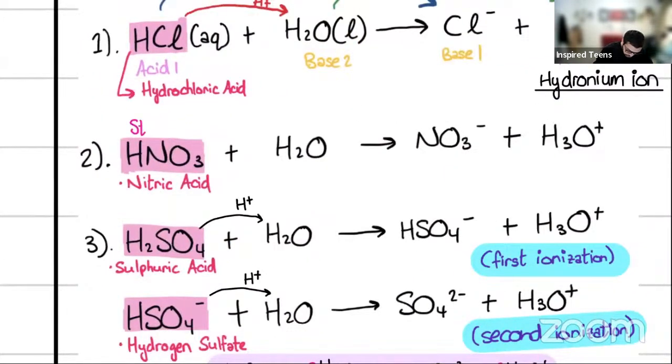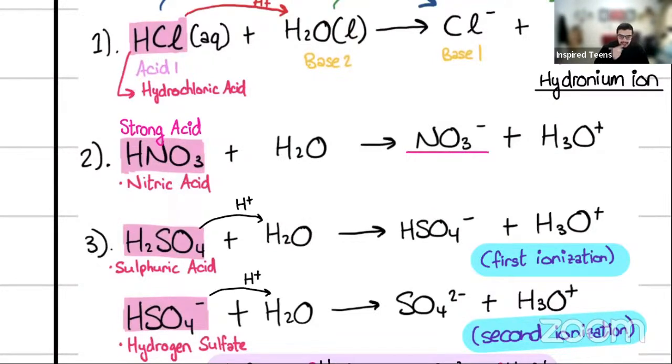HNO3 is a strong acid. Now we know HNO3 has a conjugate base on the other side of the reaction. Its conjugate base is NO3 minus.